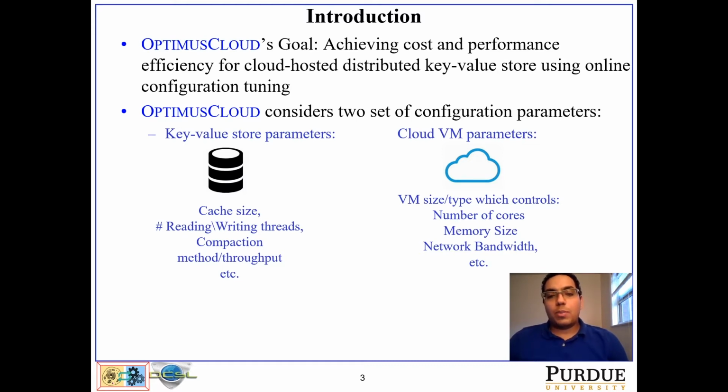And under dynamic workloads, by online tuning of these configuration parameters, Optimus Cloud can achieve cost-optimal performance over time.